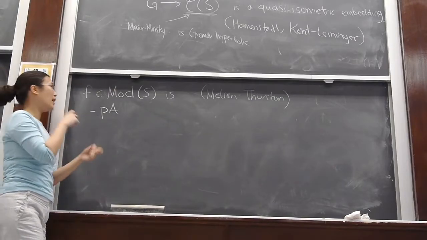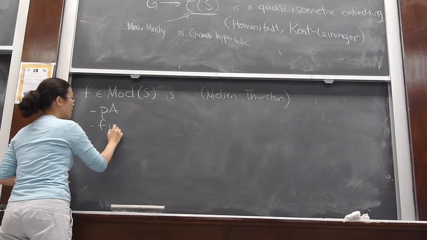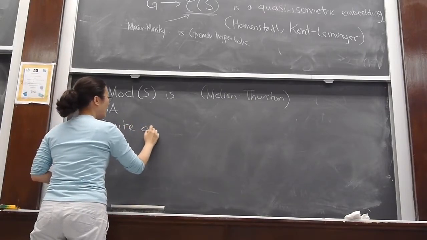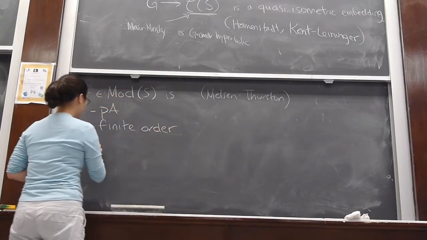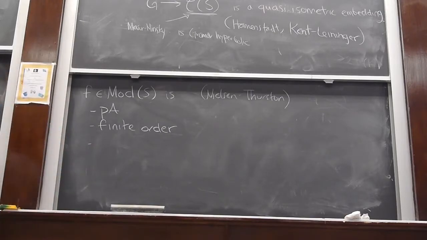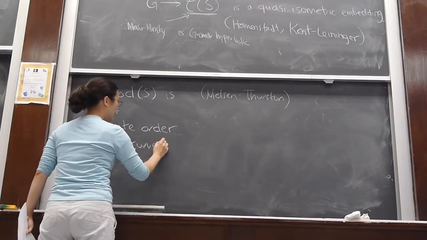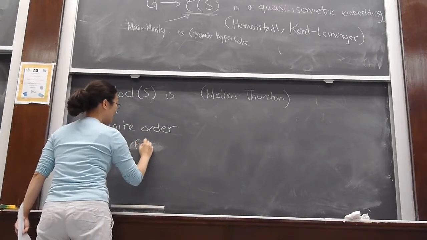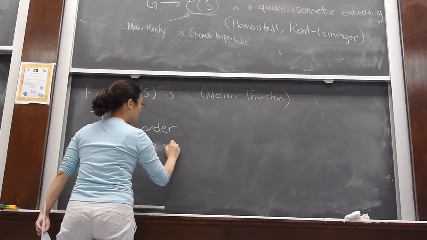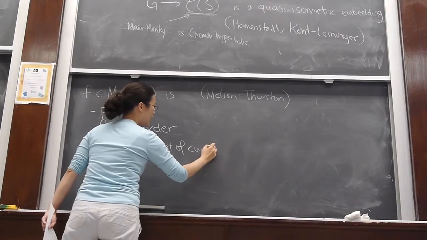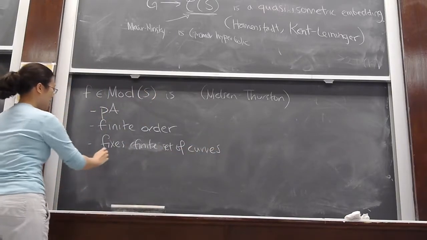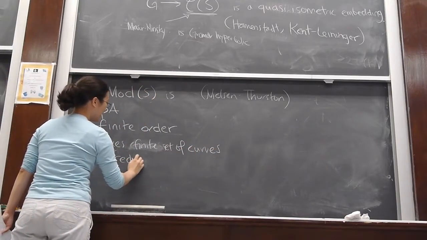If it's not pseudo-Anosov, and it's also not finite order, I think Jesse mentioned this in his talk, then what happens is it fixes some curves. I'll say a finite set of curves.